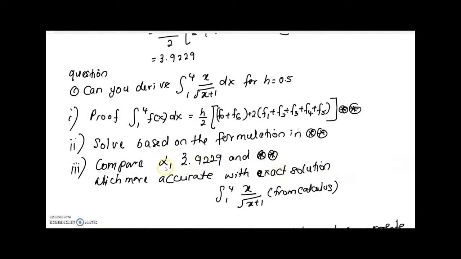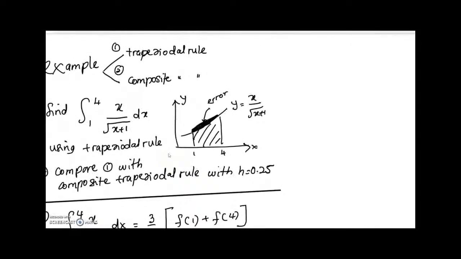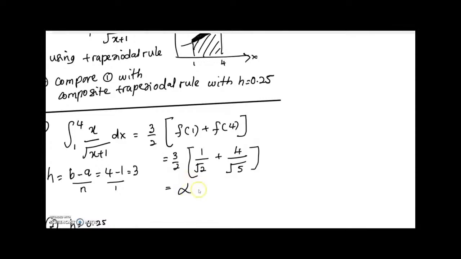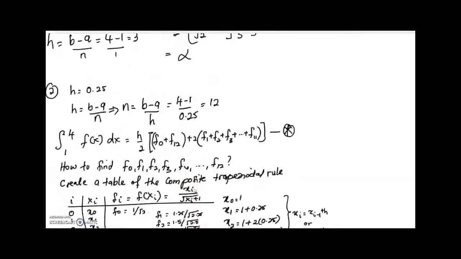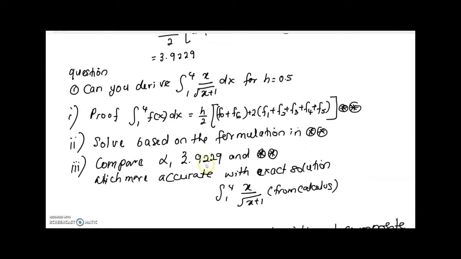All right. So this is a common exercise. They ask you to prove the formula using the composite trapezoidal rule. Second, reduce the error by increasing the size of n, the number of intervals. Compare with the exact solution, you can see that the composite is much more accurate.